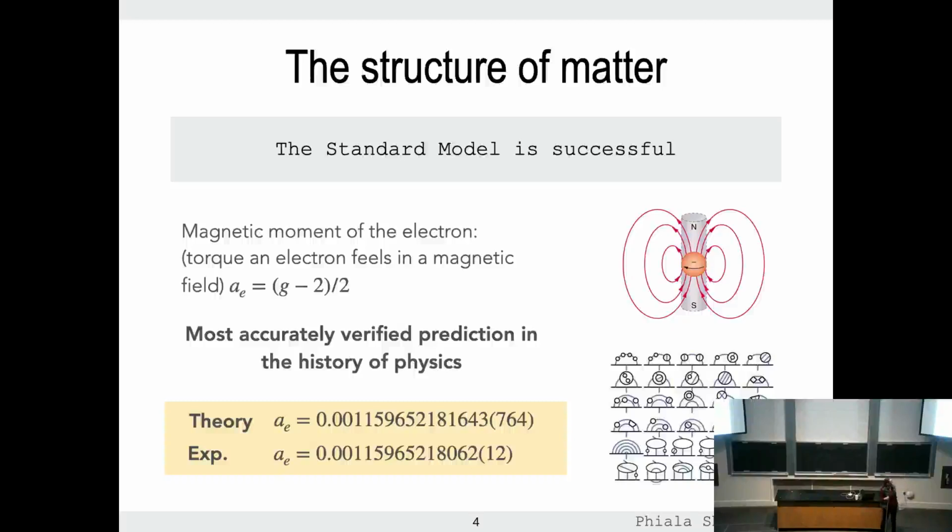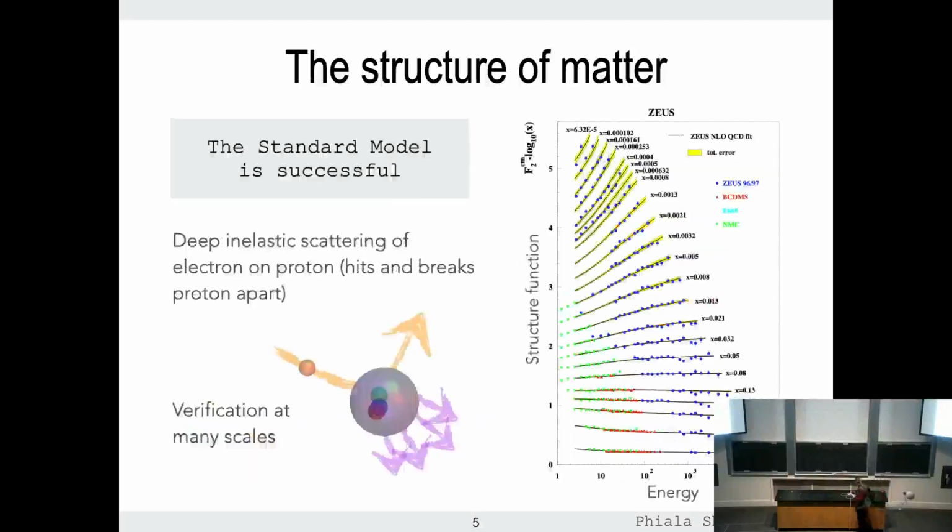And this is the most accurately verified prediction in the history of physics. So if we have students taking quantum field theory, you'll understand what a heroic effort this theory calculation is when I say up to 5 loops, that's 12,000 Feynman diagrams, about 30 years of effort to get this agreement to 12 significant figures between theory and experiment. Okay, so beautifully predictive.